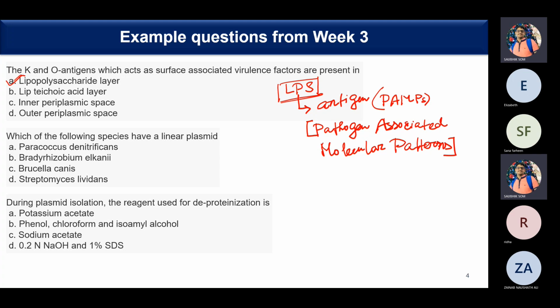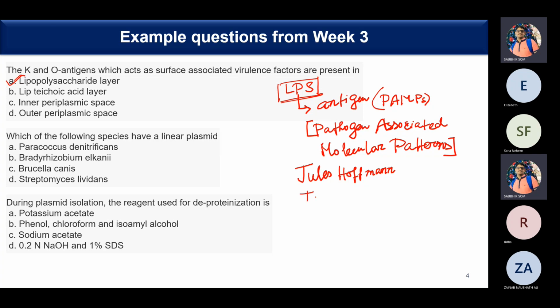So what did Hoffman do? Jules Hoffman, I was correct. What he did was, he had two types of flies. There was something known as the toll receptor.